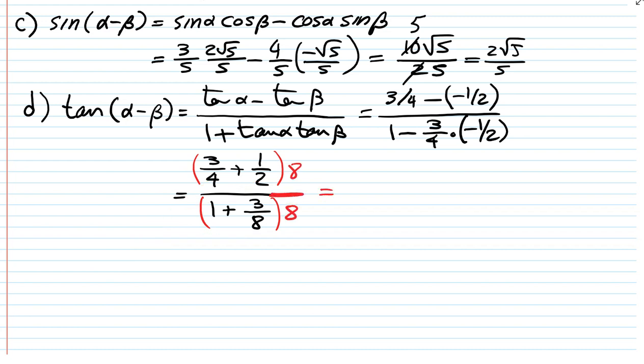So this is going to become 8 times 3/4, well 8 times 3, 24 by 4, that's 6. 8 times 1/2 is 4. 8 times 1 is 8, and 8 times 3/8 is just 3. See how quickly we can get rid of complex fractions that way. So for this one, I just want to make sure I did this correctly.